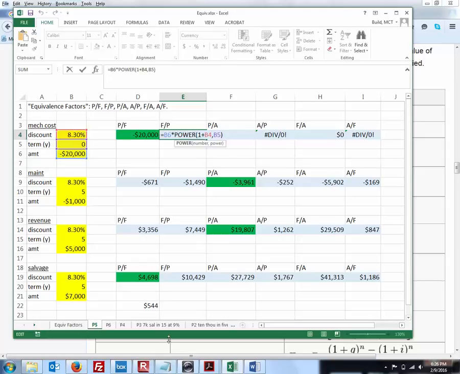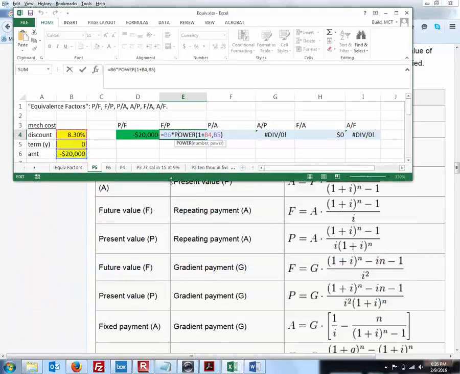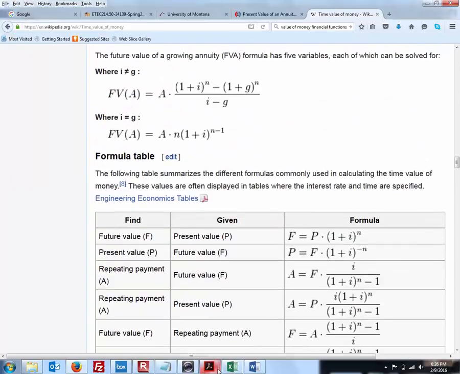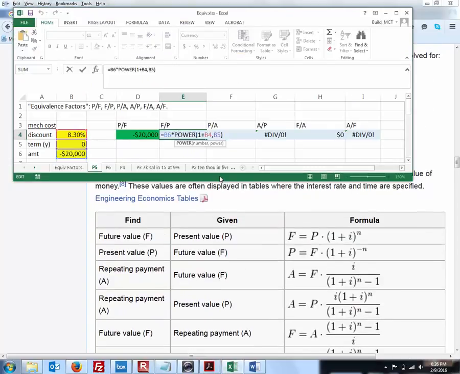Let me see if I can get both these on the screen at the same time. So I'm translating between the written formulas and what it looks like in Microsoft Excel. So this is B6, which is, in this case, the present value.